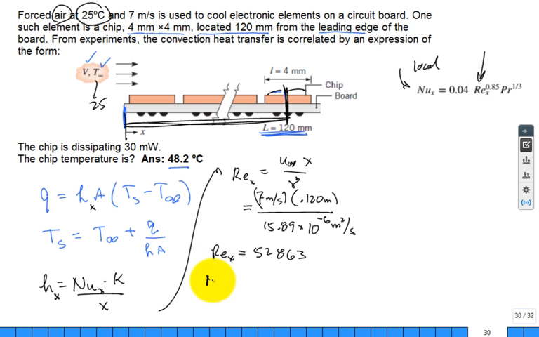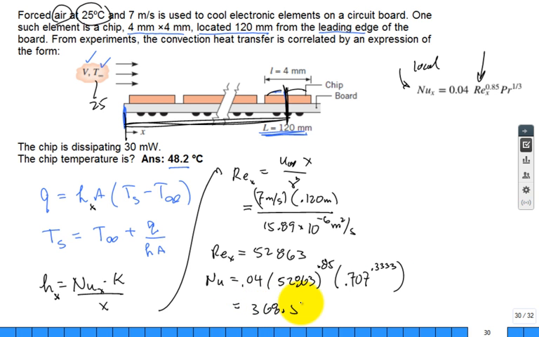So we're going to get the Nusselt number, 0.04 times 52,863 raised to the exponent 0.85. The Prandtl number I used was 0.707 to the 0.3333 or 1/3 exponent. And then you get the Nusselt number is 368.59. Too many digits, but hey, you're just doing intermediate calculations.